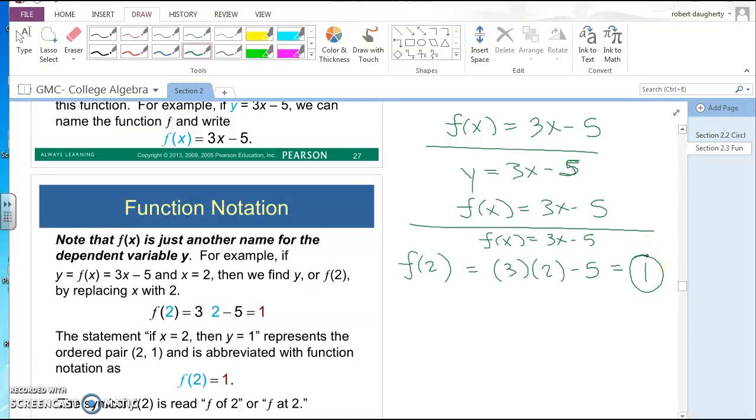Okay, so we write that f of 2 is 1. So we would say f of 2 is 1, or f at 2 is 1. Okay, so those are just ways of substituting in for function notation.